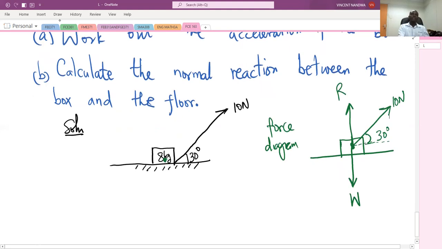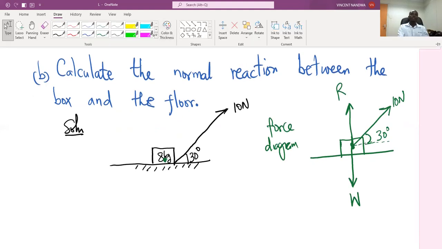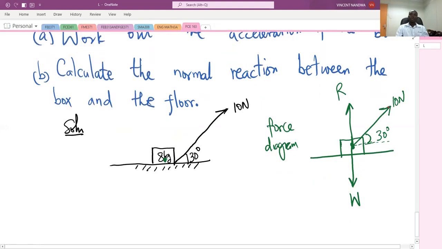The next step is to resolve these forces. Drawing a right angle triangle here, this vertical component will be 10 sine of 30 degrees, and this horizontal component will be 10 cosine of 30 degrees. By definition, net force is given by mass times acceleration.